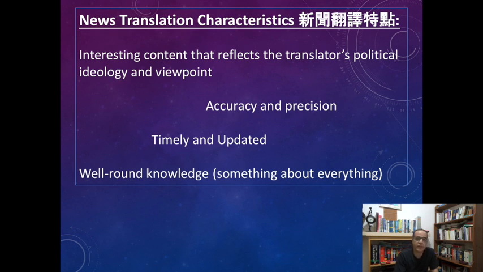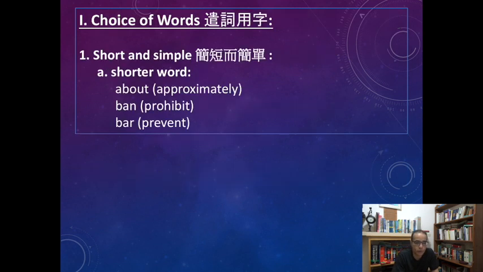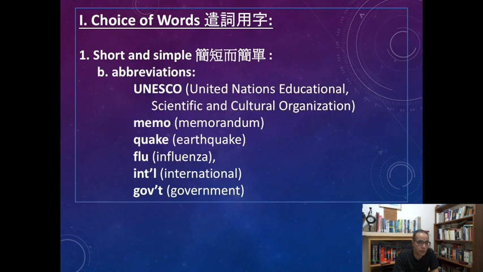So let's talk first about the choice of words or diction. The words you choose should be short and simple. Always go for short words. So you use about, say about instead of approximately, say ban instead of prohibit, say bar instead of prevent, and so on. Number two, the abbreviations. Always use abbreviations.